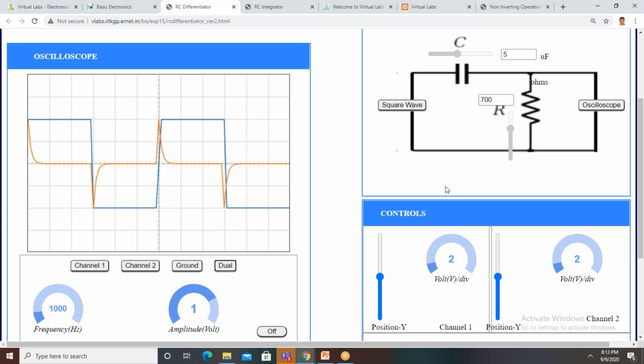Then you turn on, this is displayed, and you click on square wave. This is your input signal. This is the oscilloscope output signal, channel 1, channel 2. This is ground. So like that we can get the signals.